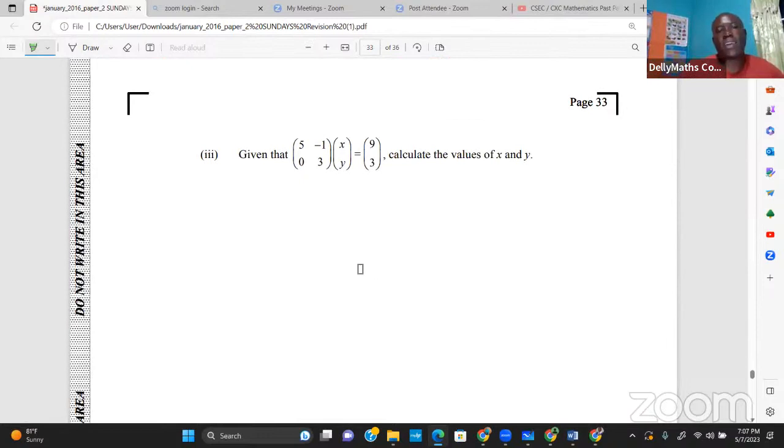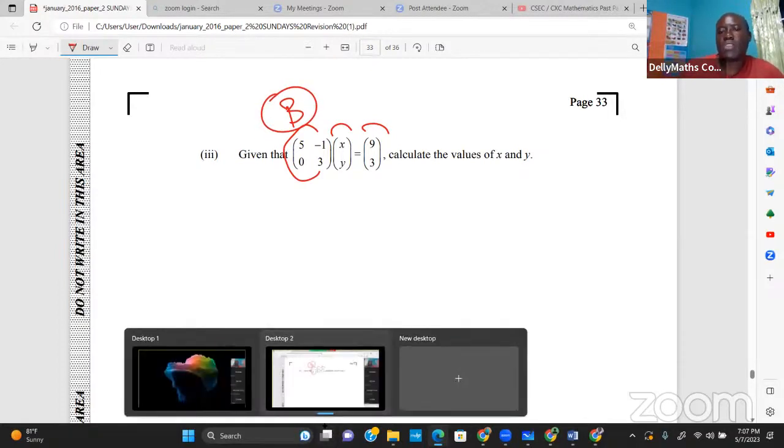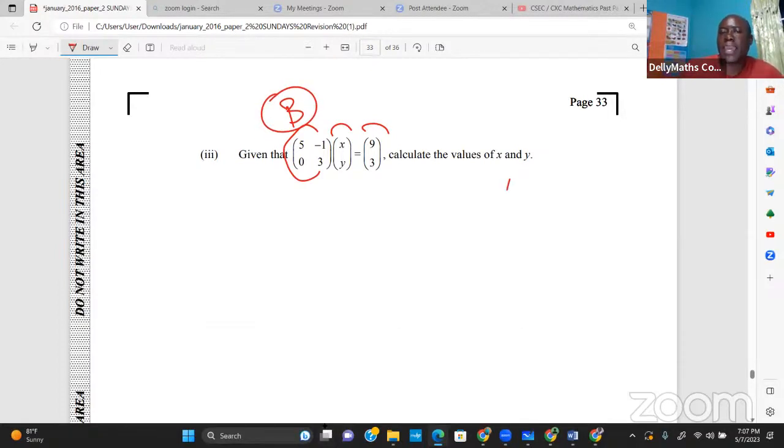All right. So it says now, given that 5, -1. You notice we know this matrix. Times this is that. This is the B matrix that we found the inverse of. So if they want us to solve for X and Y, you don't need to do anything but to take the inverse of the B matrix, which is 1 over the 15.